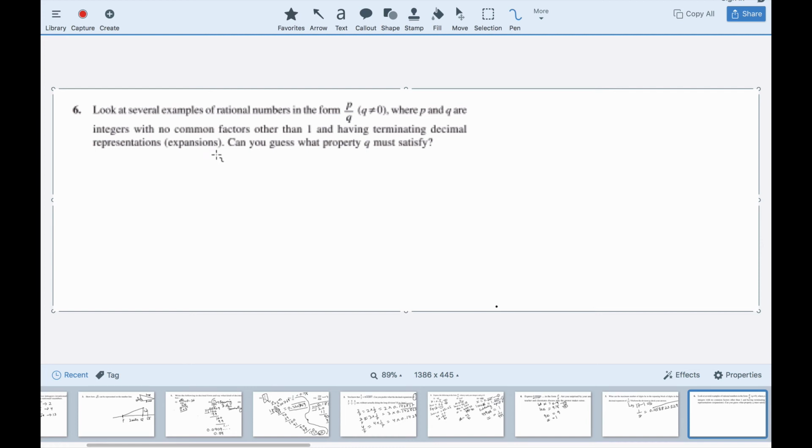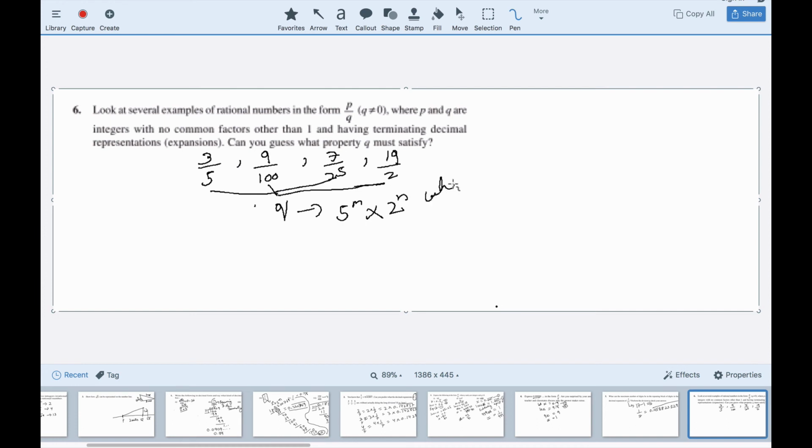No matter which rational number you look at, if it's 3 upon 5, 9 upon 100, 7 upon 25, 19 upon 2, the denominator for all of them, which is also called the q, will always be in the form of 5 raised to power m into 2 raised to power n, where m and n are whole numbers always.